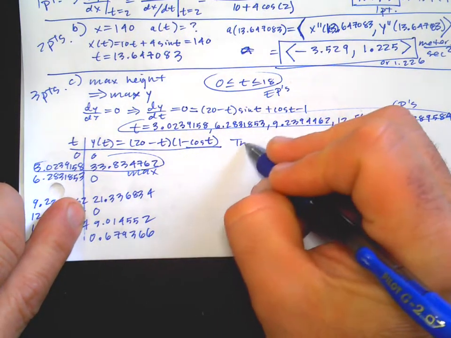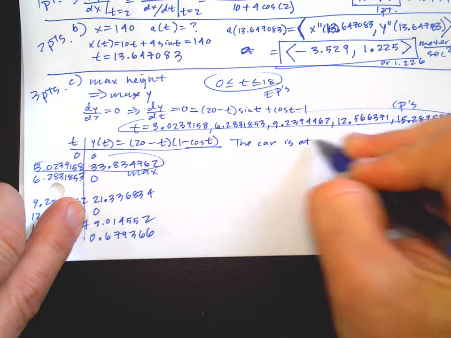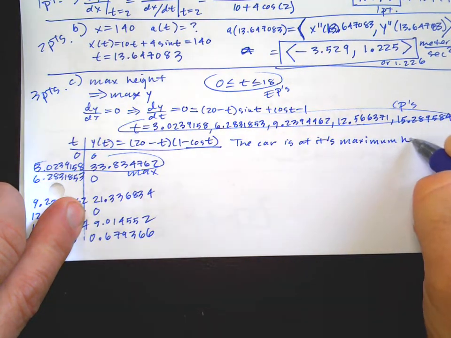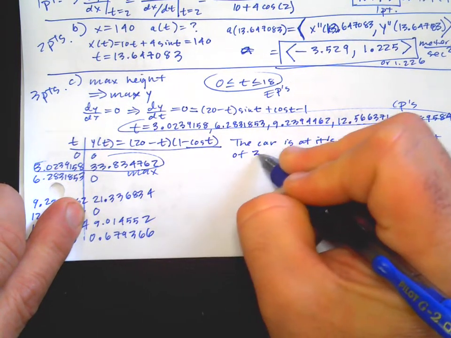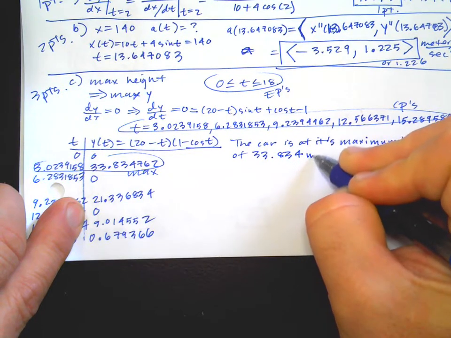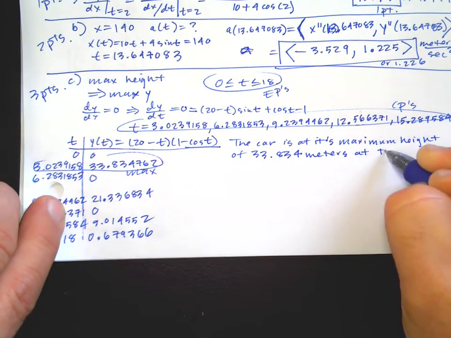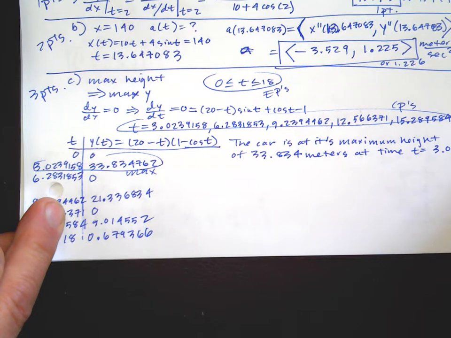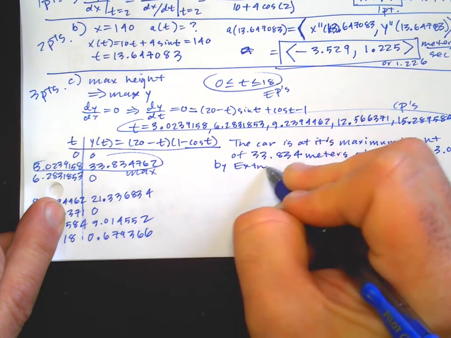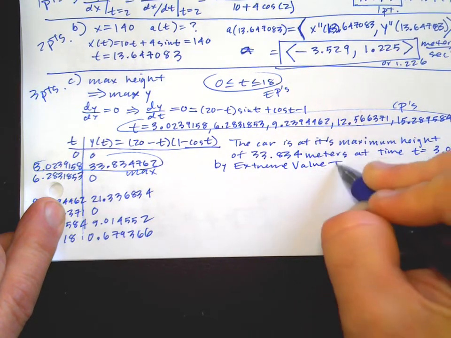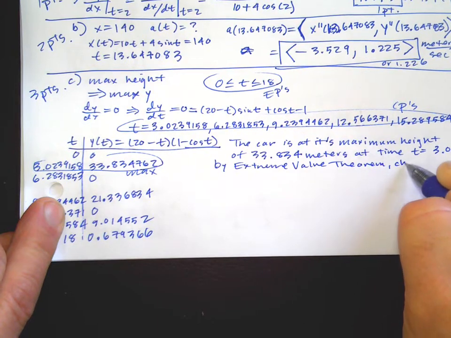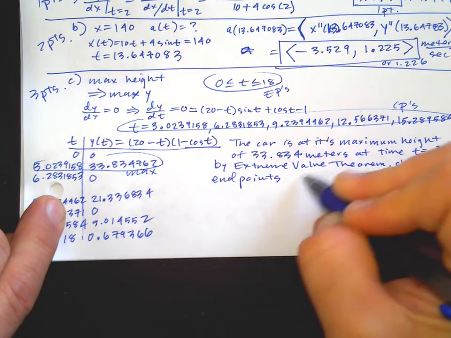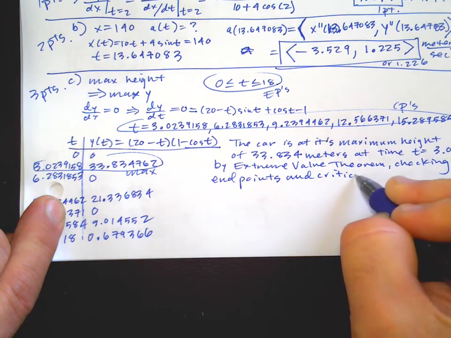So we can say the car is at its maximum height of 33.834 meters at time t equals 3.023 seconds by extreme value theorem, checking endpoints and critical points. Okay.